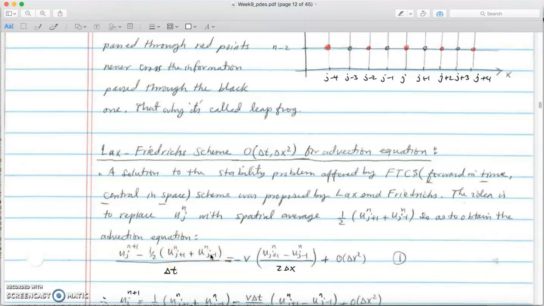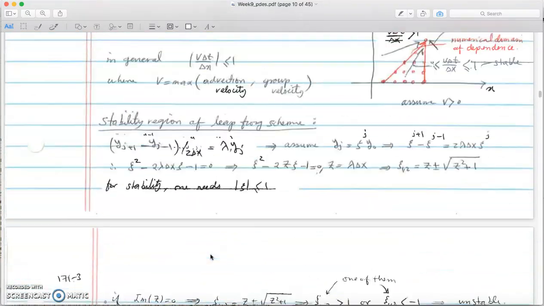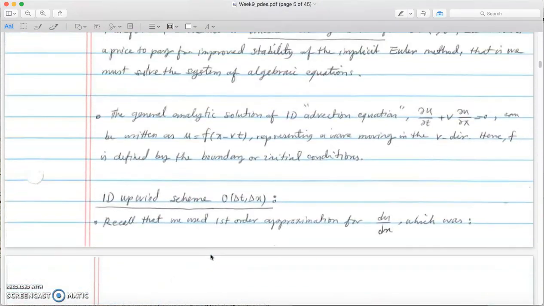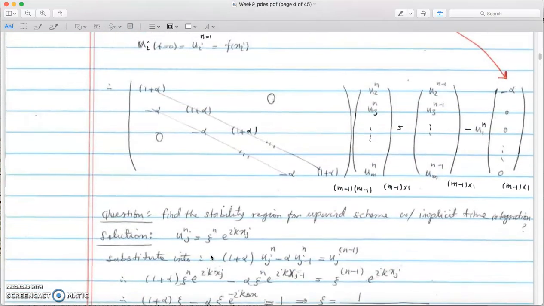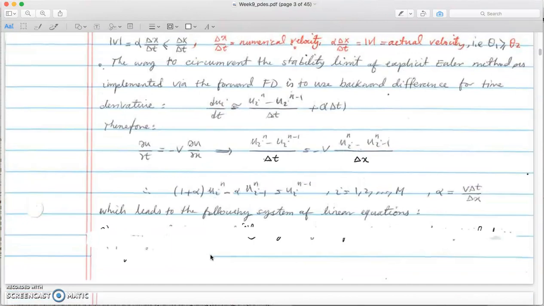So to recall, let's go back to forward Euler in time and central in the space. I'm going to go back to the page that we talked about, central difference in the space and forward in time.